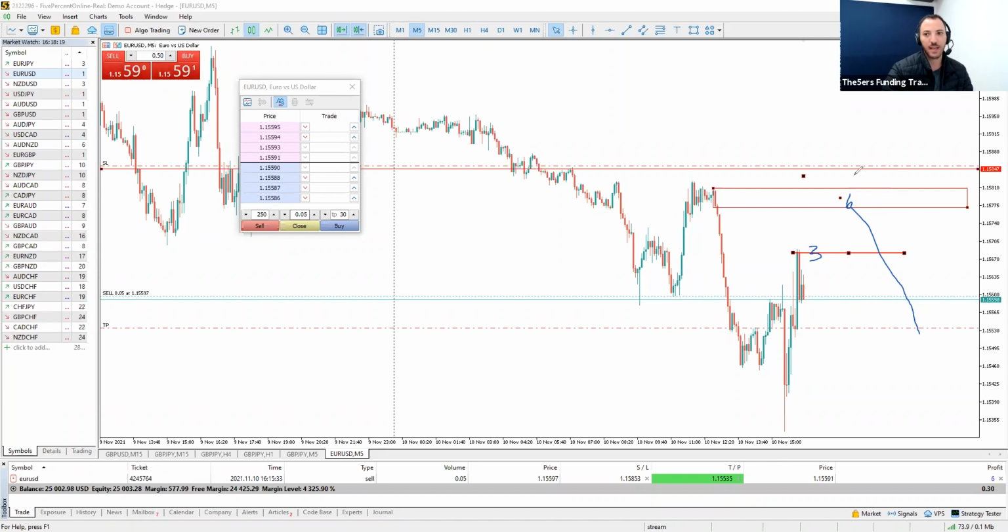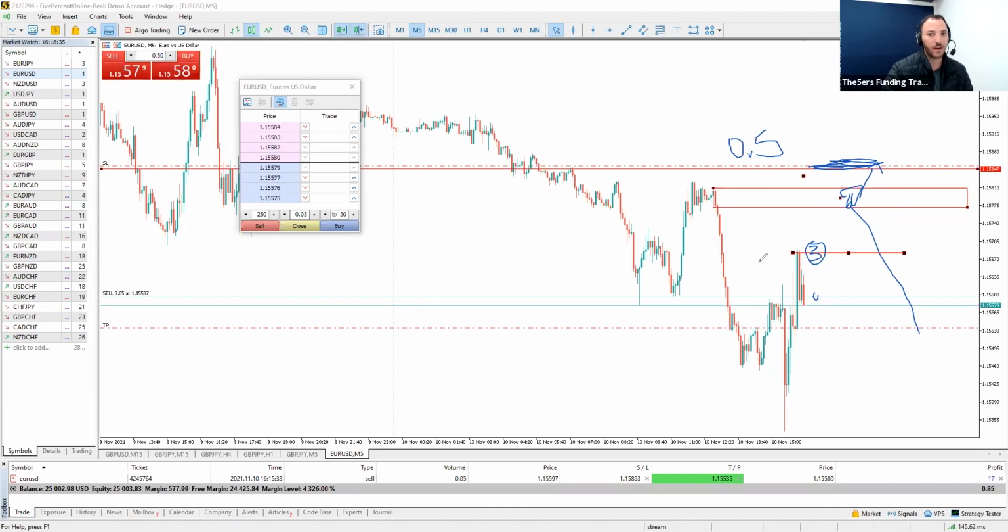Does that make sense? And all my stops need to be at the same level. So if everything goes wrong and all these trades go to my stop loss, I'm still risking less than my predefined risk, which is 0.5% of my account. Does that make sense?